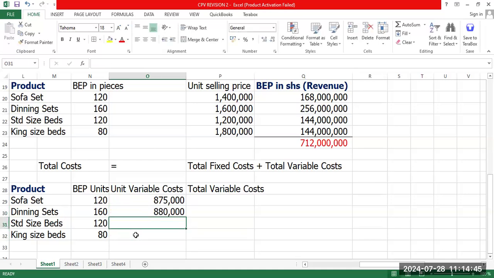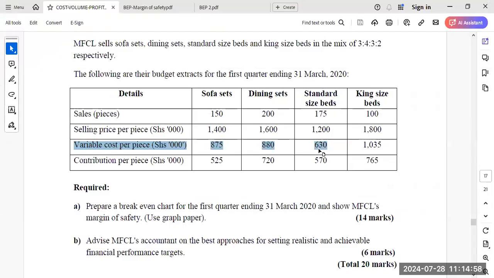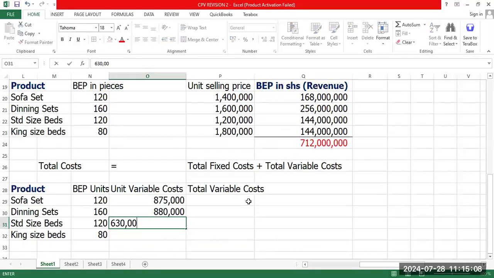Then next. The next one is what? The next is 630. 630,000.